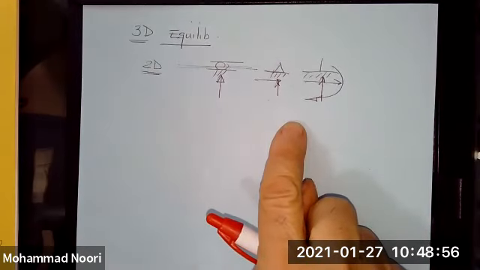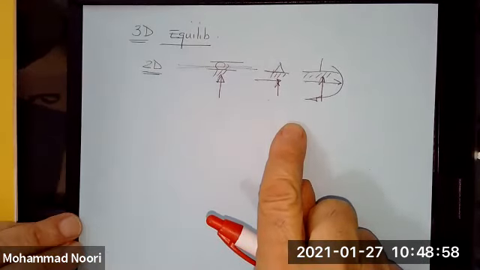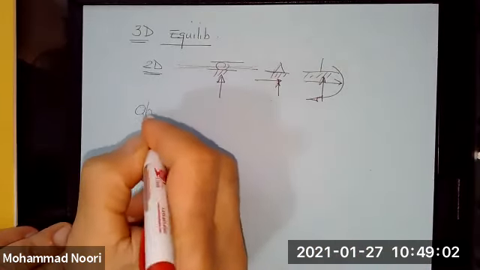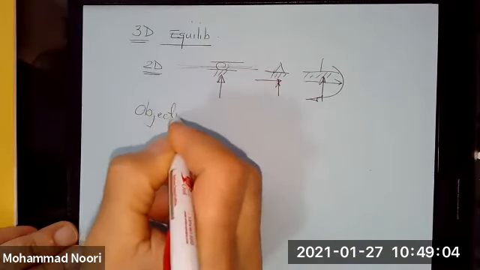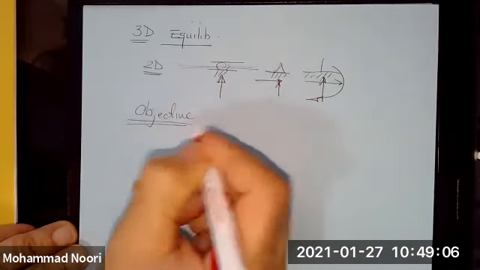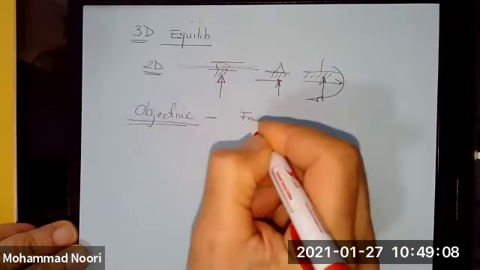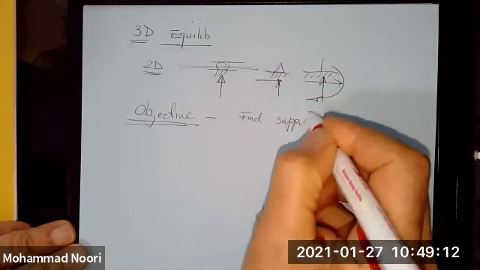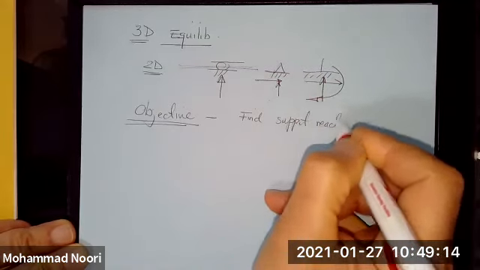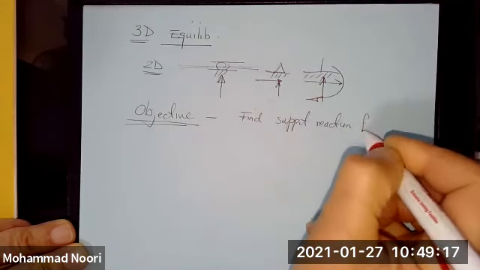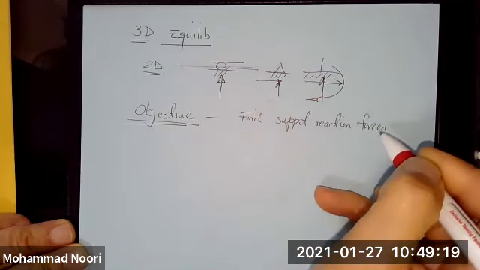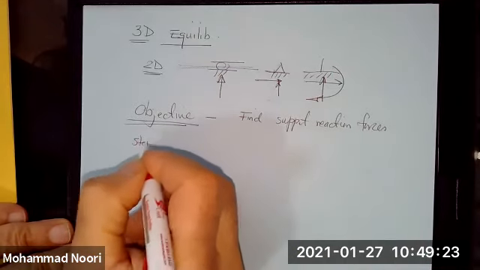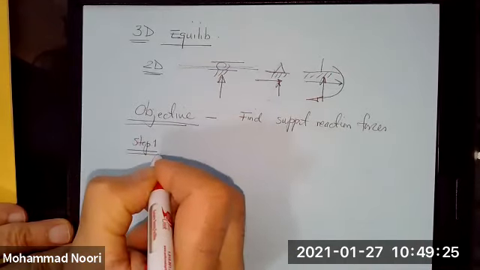So, what is the difference between the 2D and 3D case? As far as the objective goes, it is the same: find the support reaction forces. Step one was what?